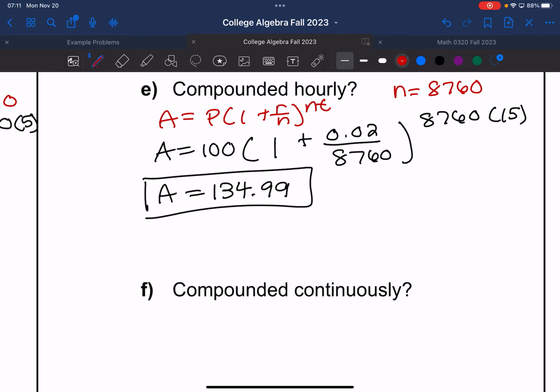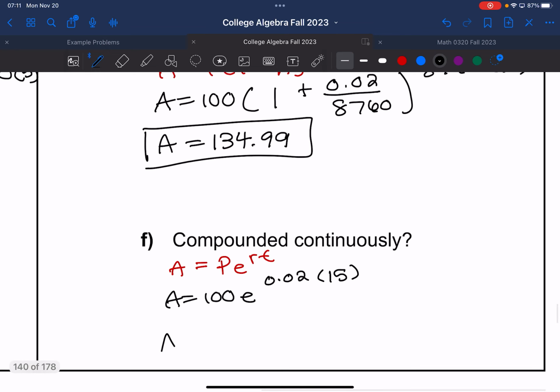Our formula, A is equal to P times e to the power of rt. We get A is equal to 100 times e to the power of 0.02 times 15. Plugging that into your calculator, you should get the same 134.99.